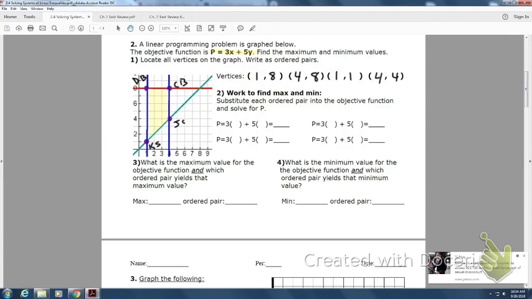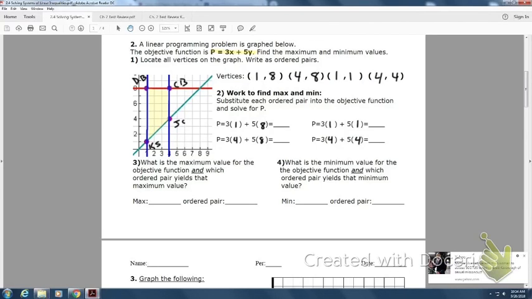That first vertex I had was 1, 8, so I'm going to plug that in. The next one I have is 4, 8. And so on. A lot of you are going to be able to do this math in your head. Most of these will not be very difficult.